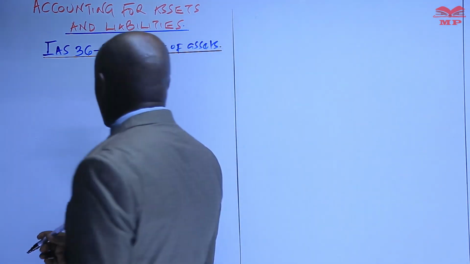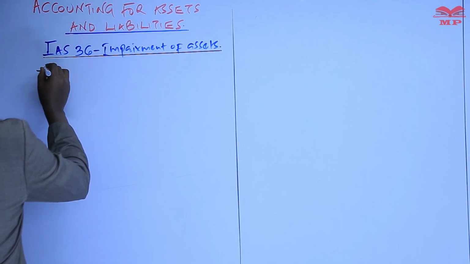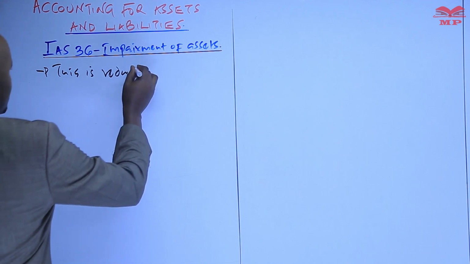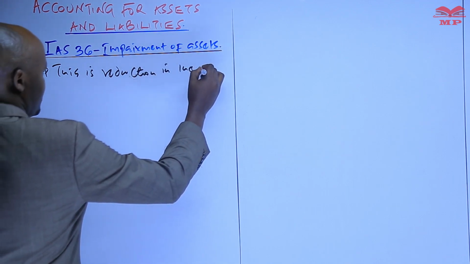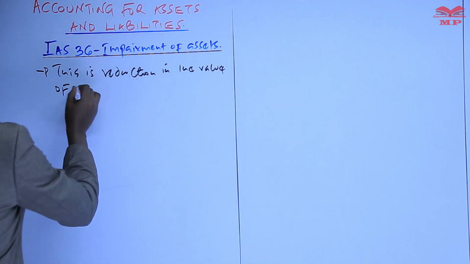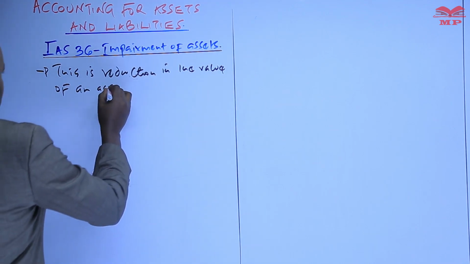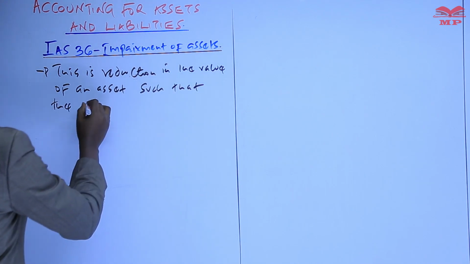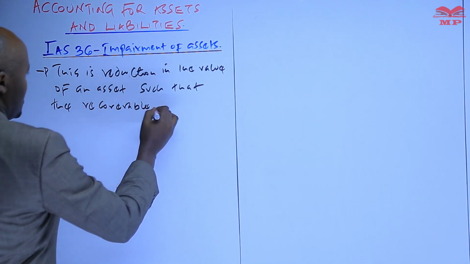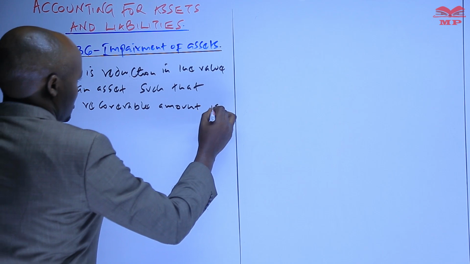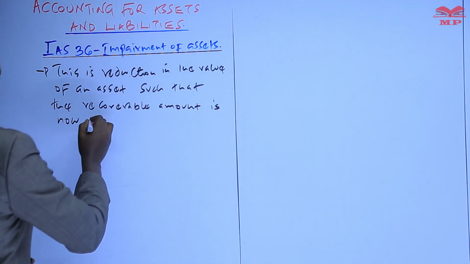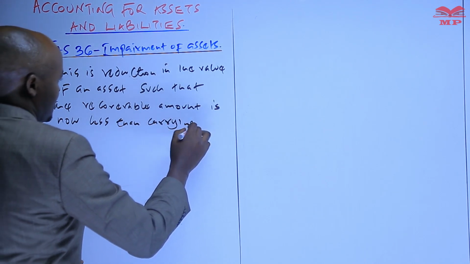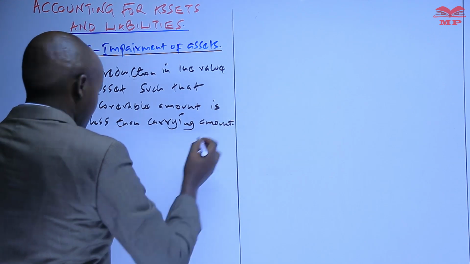So therefore we can start by defining what is impairment of an asset, and we can say that this is a reduction in the value of an asset such that the recoverable amount is now less than the carrying amount.